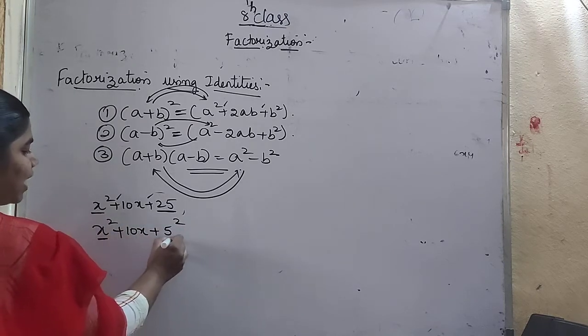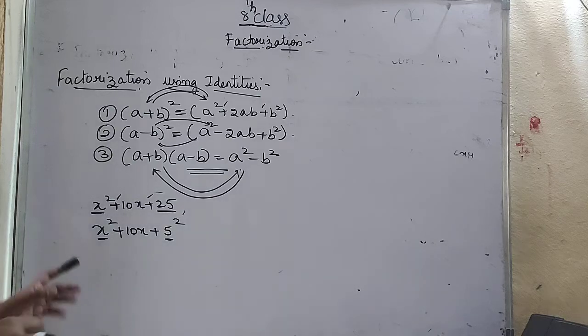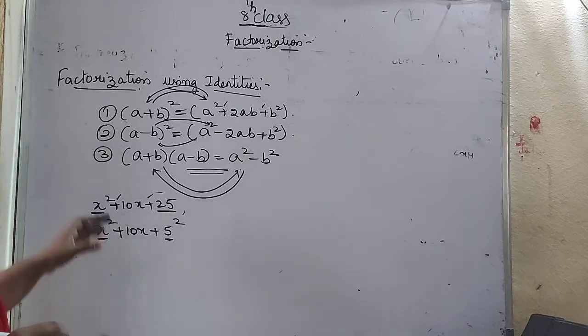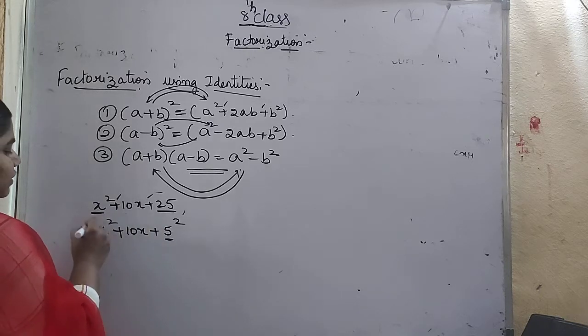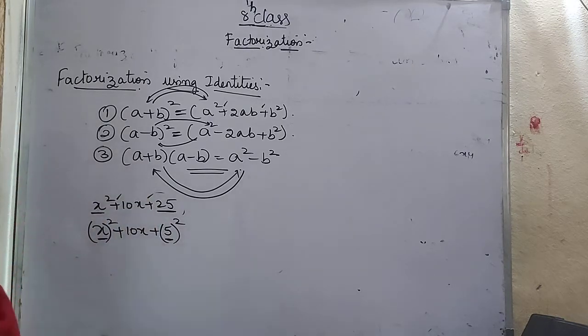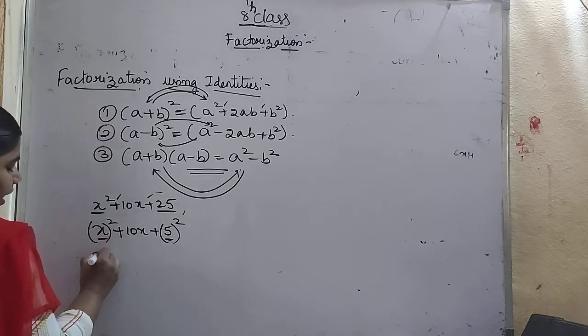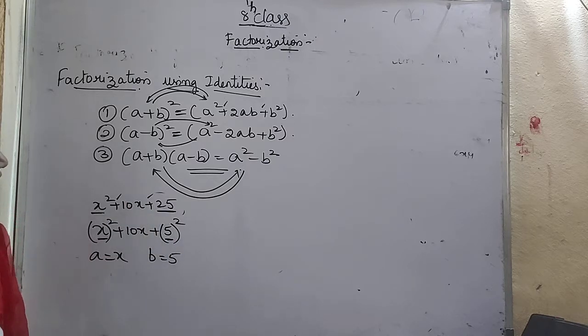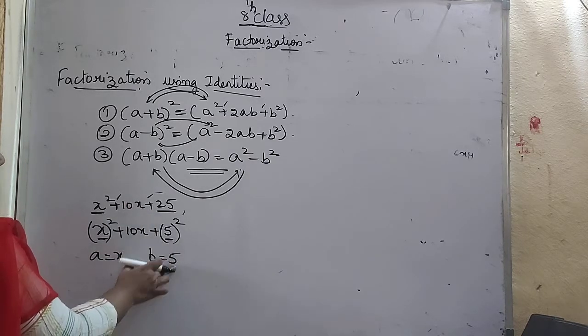Whenever the first term and the last term are in the form of square values, then only we can use these identities. Here a value is x and b value is 5.